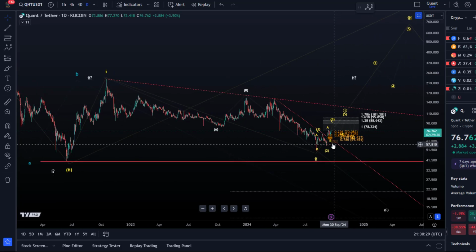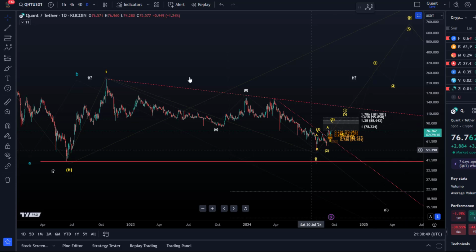Matic, however, had even worse performance, nearly testing already the June 22 lows. QNT is holding a little bit higher, but there is nothing impulsive off the lows, and that means we have to wait for the first 5-wave move up as a diagonal pattern to really confirm that a substantial low has formed in August.